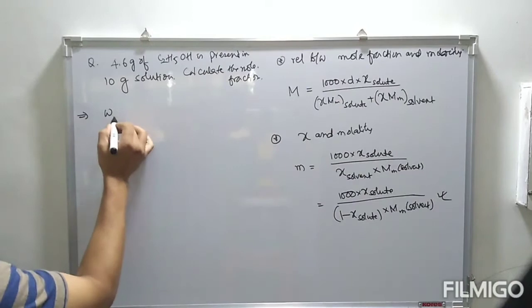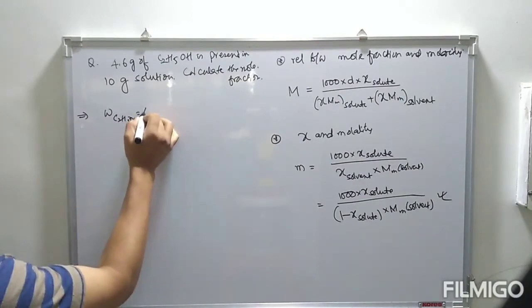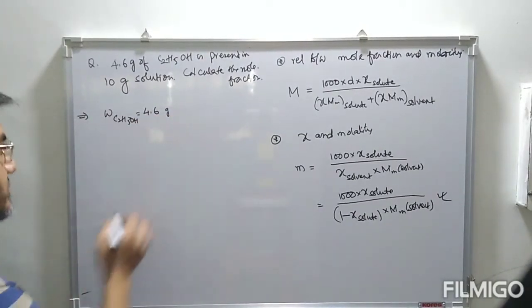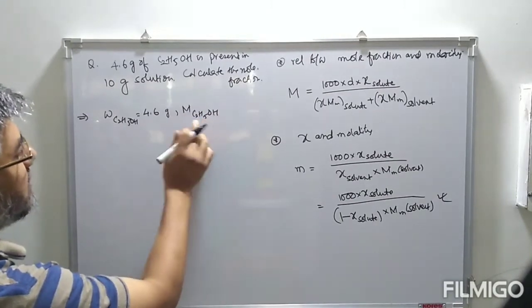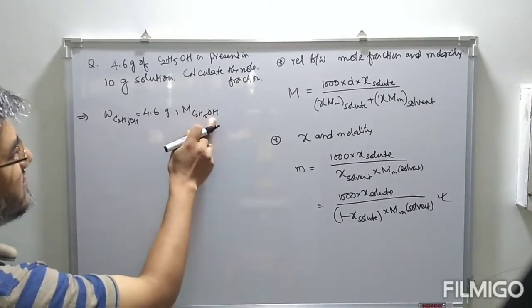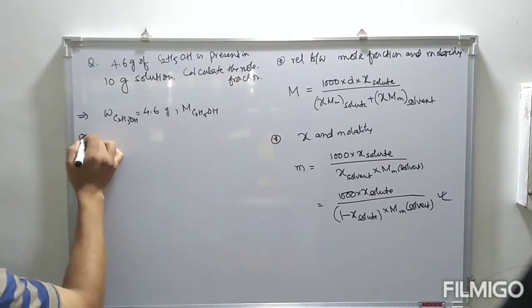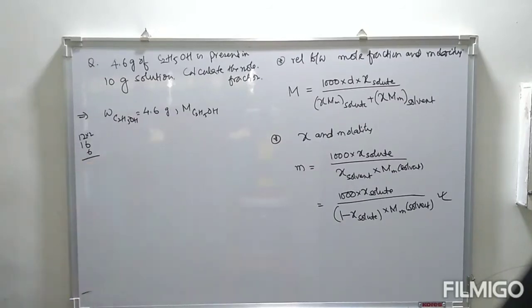So we have mass of ethanol is equal to 4.6 gram, molar mass of ethanol, carbon is 12, oxygen 16, 12 into 2, 16 plus 6, 24, 46.